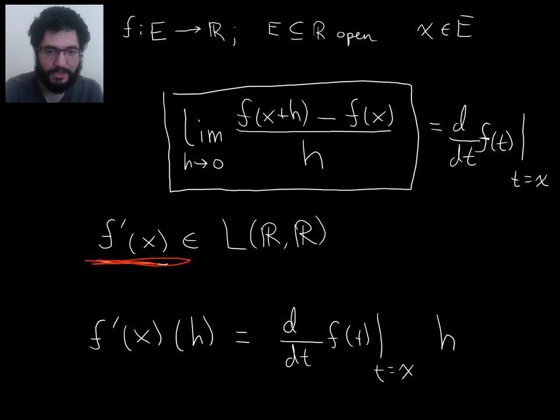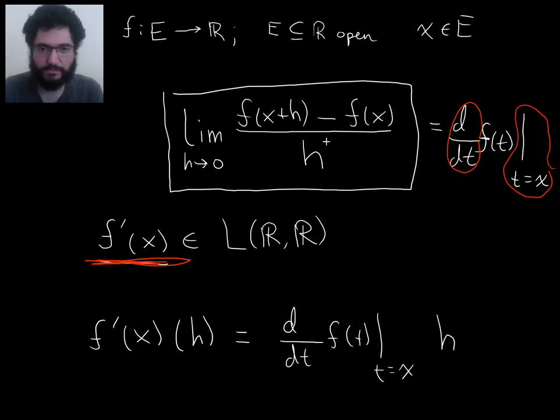The prime notation gives you a linear map and can be used for a function of any number of variables with any number of outputs. So I can put Rn here and Rm here, and this notation would work perfectly well. On the other hand, there's a second notation, Ddt, sometimes with an evaluation symbol, which serves to take this limit that we used for our limit definition of derivative originally.